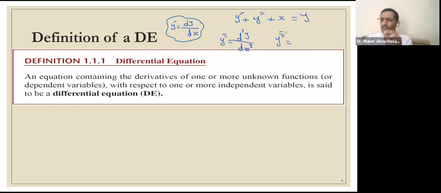So instead of four primes or four dashes for the fourth derivative, I'm going to write y to the power 4 between brackets. If you write the power between brackets, that means it's the order of the differentiation or the number of primes. So y to the power 5 between brackets means you have y with 5 primes, the fifth derivative. So now I think that the concept of differential equation is clear.